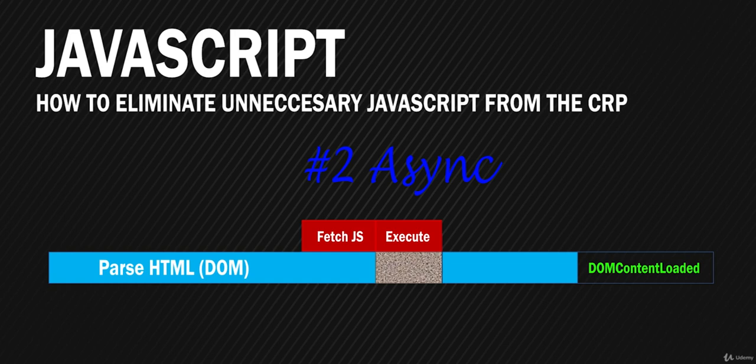The only guarantee we have when we mark our JavaScript files with async is that they will start running at some mysterious point before the load event gets fired. So bear in mind, some of these async scripts can actually be executed before the DOM content loaded event fires and also after the DOM content loaded event fires. This is an important point to grasp.